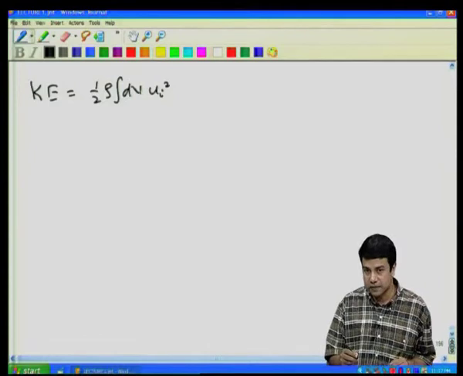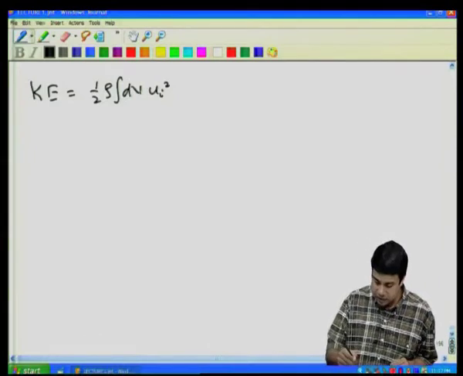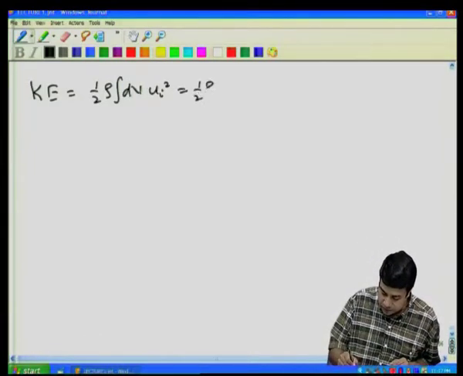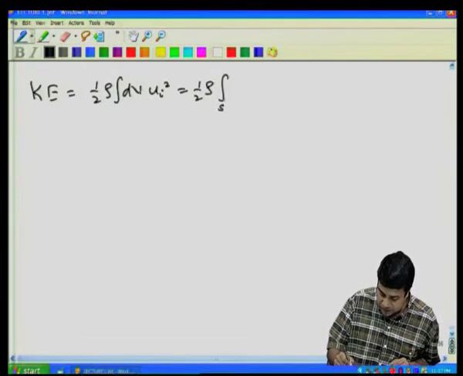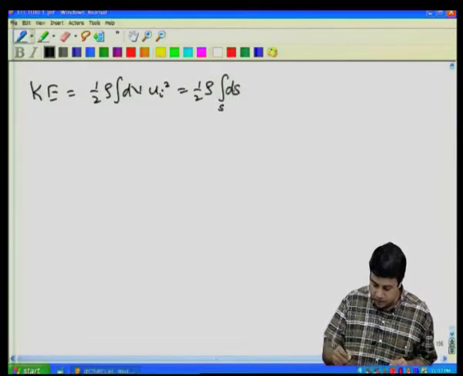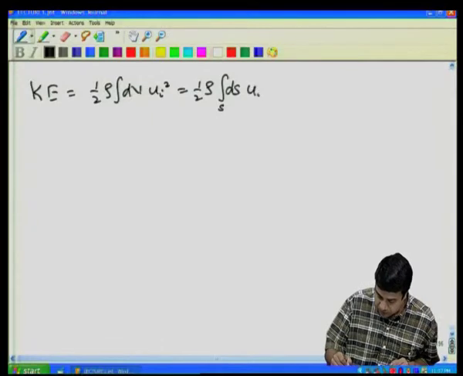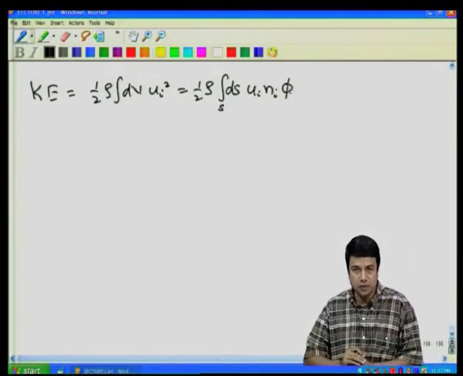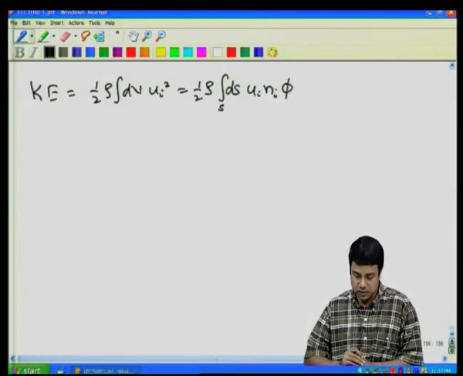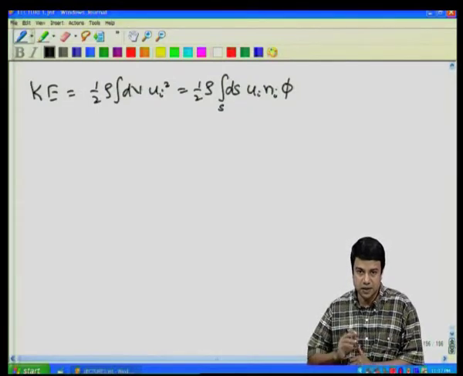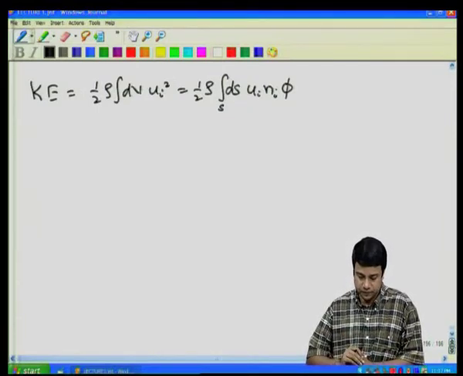Using the fact that the velocity is the gradient of a potential, I can write this as half rho integral over the bounding surface S of u_i times the unit normal times the potential, u dot n times phi. Therefore, if the normal velocity at all bounding surfaces is equal to 0, the kinetic energy is 0, and therefore, the velocity is equal to 0 at each point in the flow.